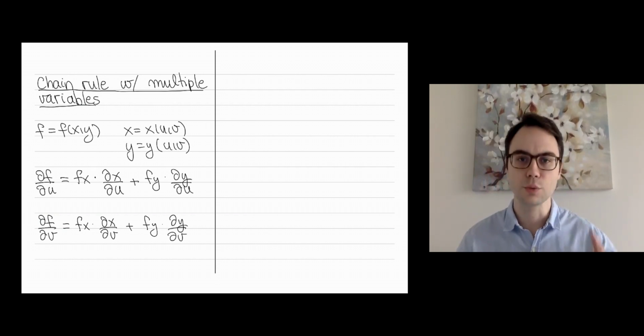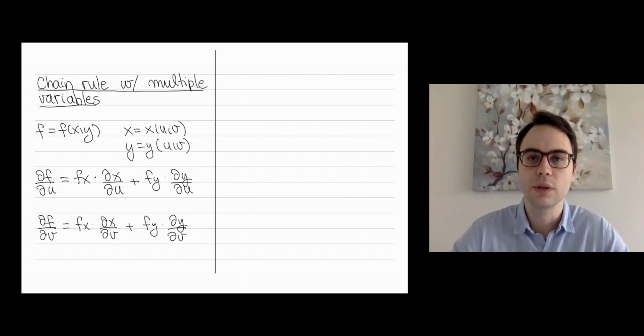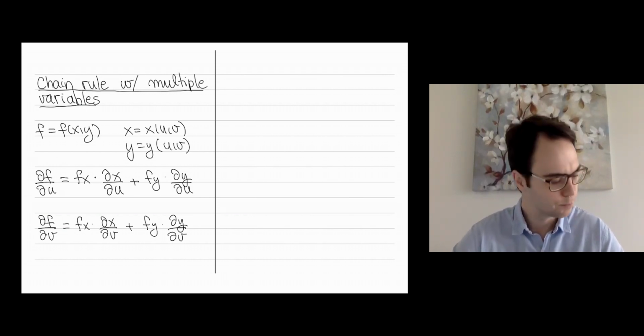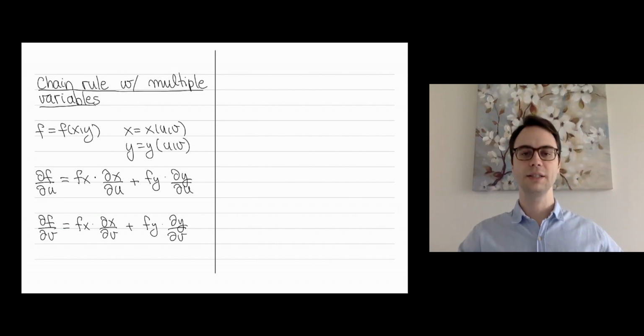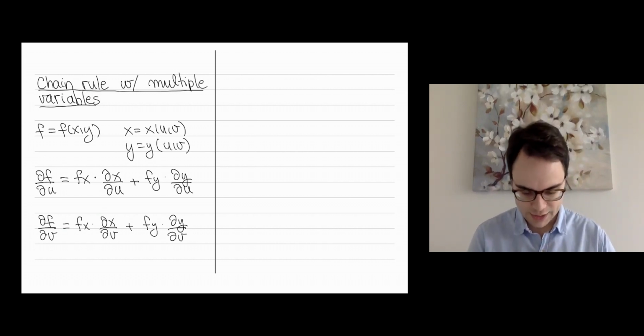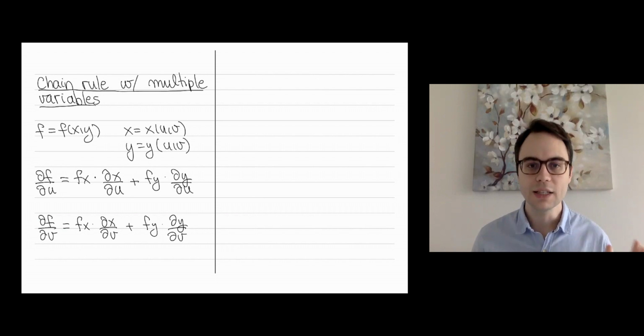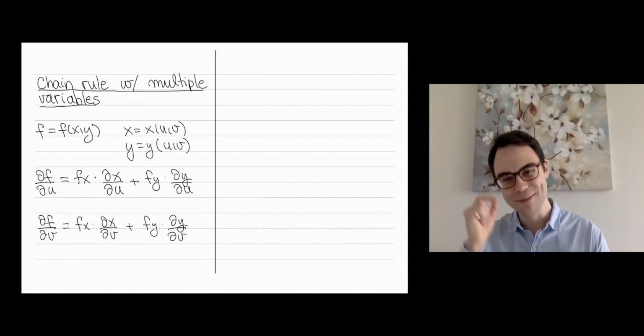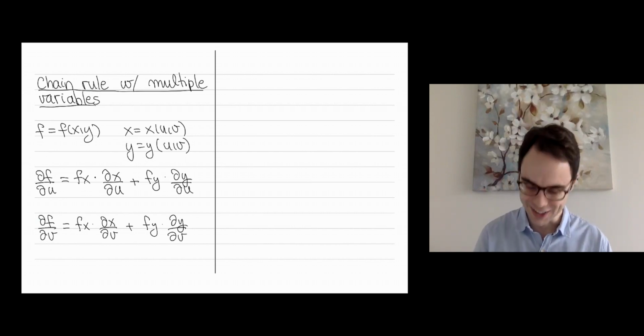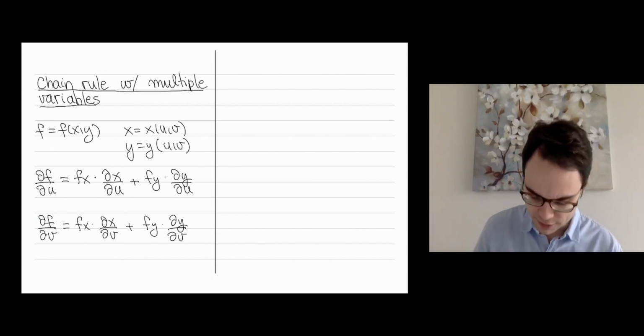And as I said, this works with polar coordinates. All right, so this is what I had to say about the chain rule. Let's move on to our next subject, the gradient vector.